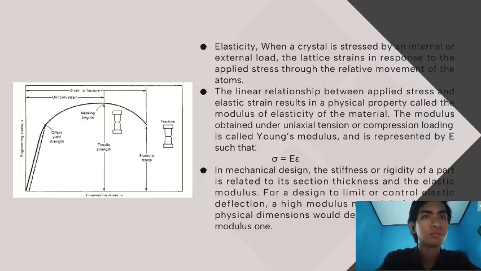The modulus obtained under axial tension or compression loading is called Young's modulus and is represented by E, such that sigma equals E times epsilon, where sigma is the stress and epsilon is the strain, deformation per unit length.